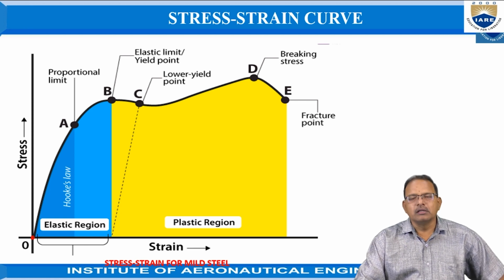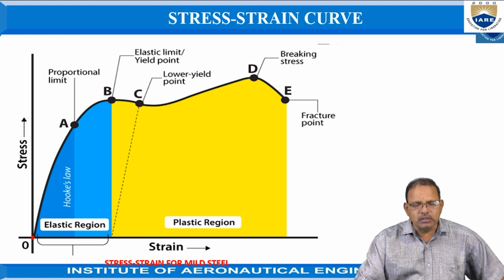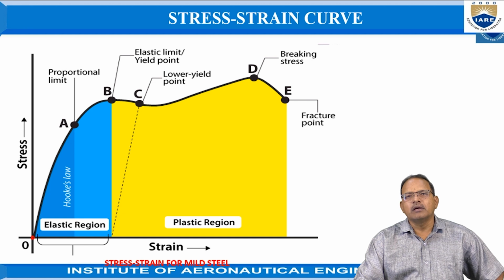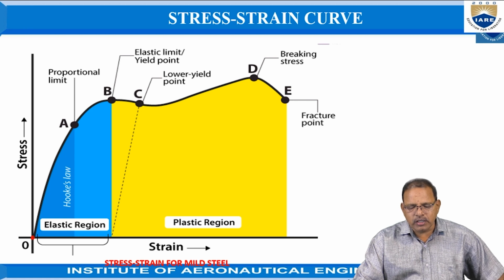From B to C, if you observe, even without increasing the load on the object, it elongates from B to C. That is, even without application or with a decrease of the load, it elongates from B to C. After point C, when the load is increasing, the elongation is also increasing, but not according to proportionality. So point C is called the lower yield point, at which, from B to C, the plasticity region starts.